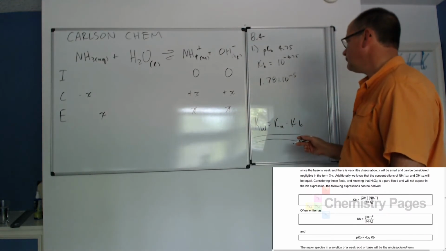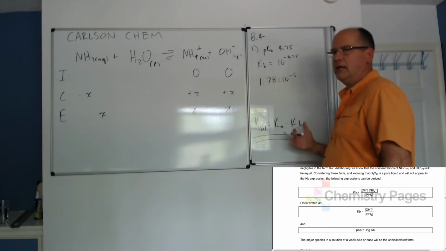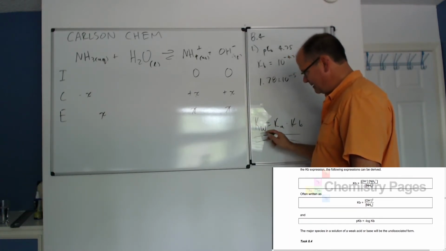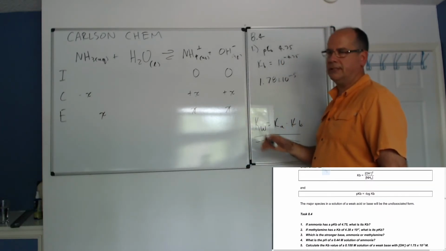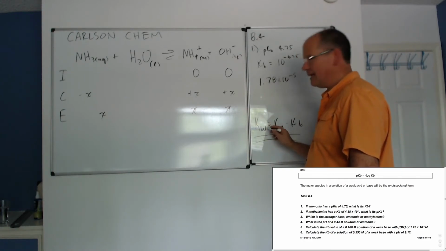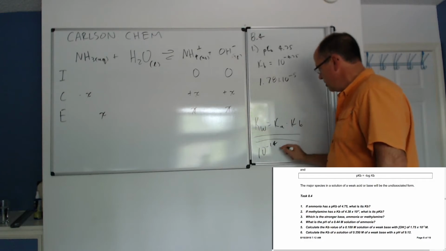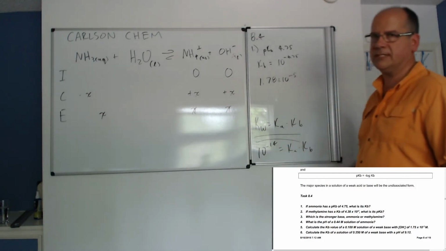Kw is equal to Ka times Kb. So whenever you have one, you have the other. Because Kw, and of course this is temperature driven, that Kw at room temperature is 10 to the negative 14. So as soon as you have one, you have the other because Kw is 10 to the negative 14.